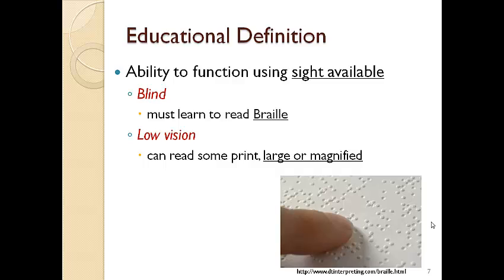Many students who are legally blind are not educationally blind because they can read the large print. So that's the distinction between the legal definition and the educational definition. Here I would also like to mention that teachers who work with students who are blind or who have extremely low vision are specifically trained for that, and we call them the teacher of the visually impaired, or TVI.